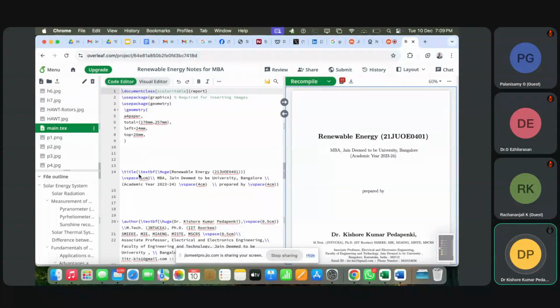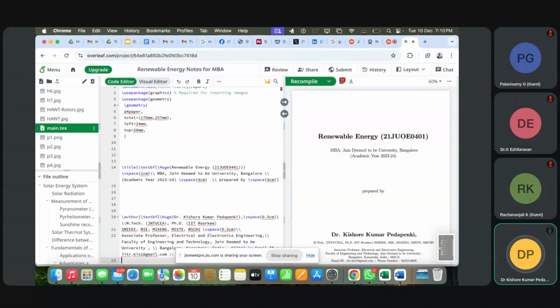And the thing is, we should have some title. So backslash title will be there, and like this I have written something. This is renewable energy class. We have given it to MBA students, so that's why I have made it into this much polished way. And once this part is over, we can write author name also.